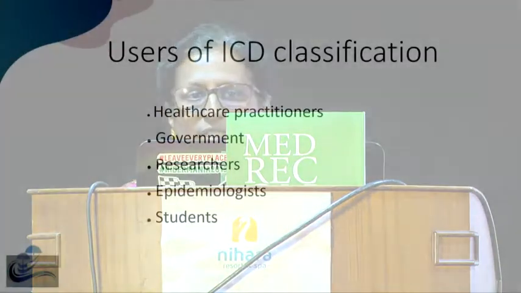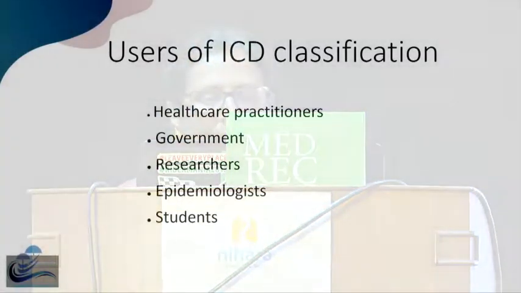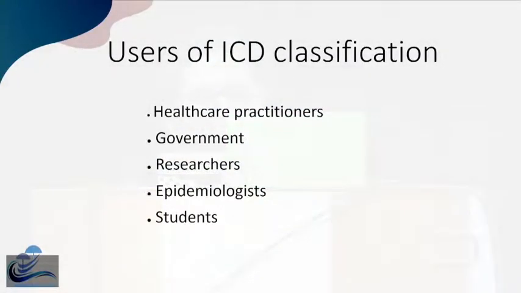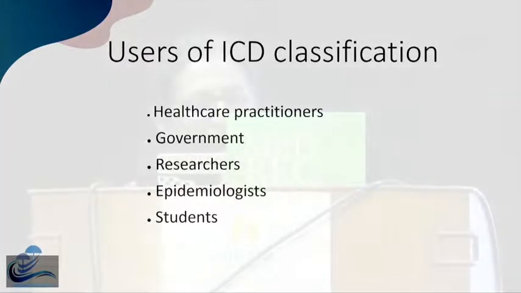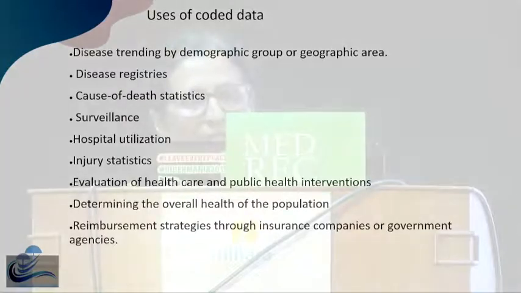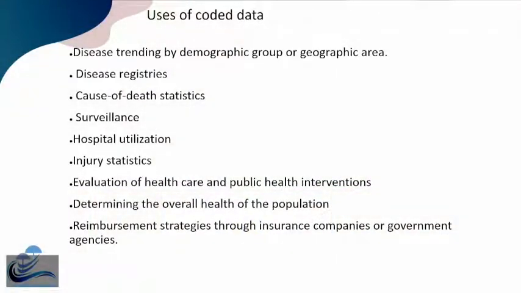The uses of ICD classifications: ICDs are useful to healthcare practitioners, for the government to define public healthcare, for researchers and epidemiologists for studies, and for students. Uses of coded data: first of all, disease trending in a demographic group of a geographical area.